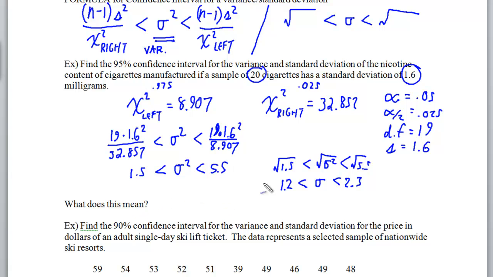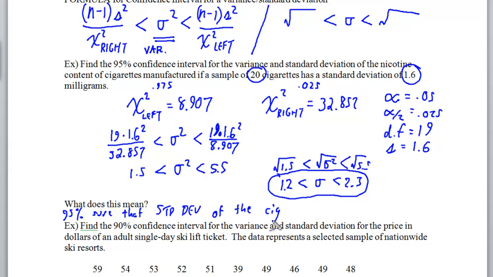So what does this all mean? I just did all of this work and I got this for my final standard deviation answer, and this is my final variance answer. Well, it means that we're 95% sure that the standard deviation of the cigarettes, I'll just put cigs here for cigarettes, is between 1.2 and 2.3.